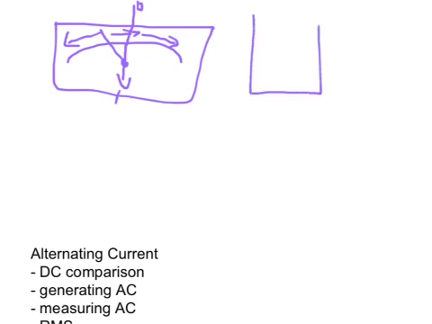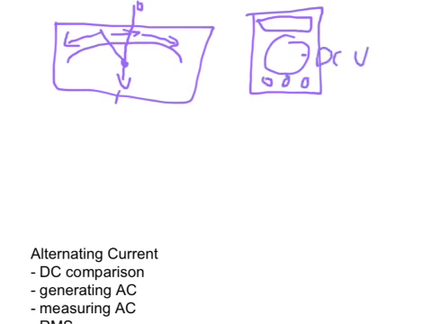If you were to use a digital multimeter with your selector, if you were set on DC voltage, you would read 0, because the positive and negative parts of that line are cancelling each other out, so whatever positives you get are cancelled out by the negatives, and your average is 0.